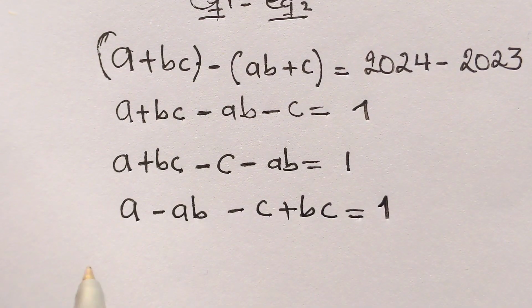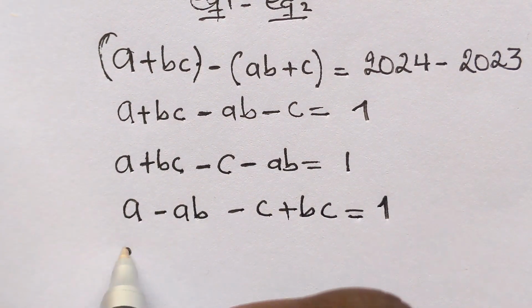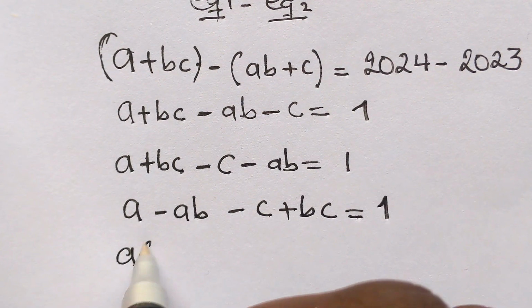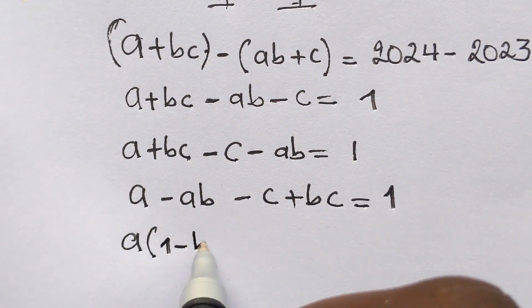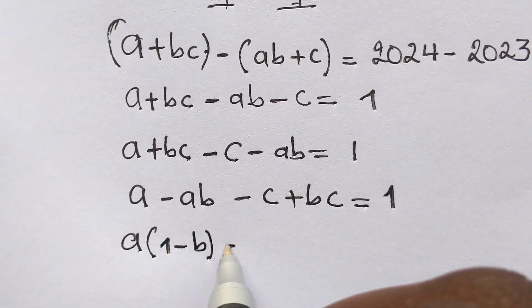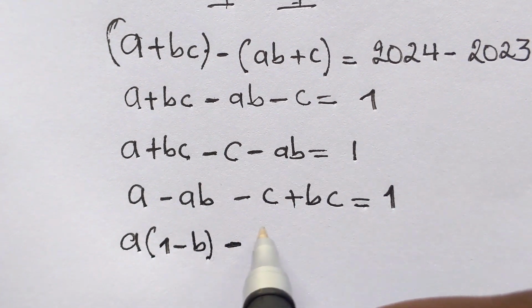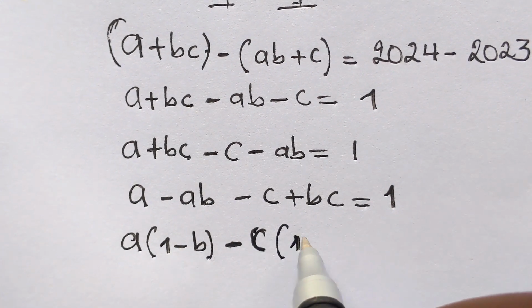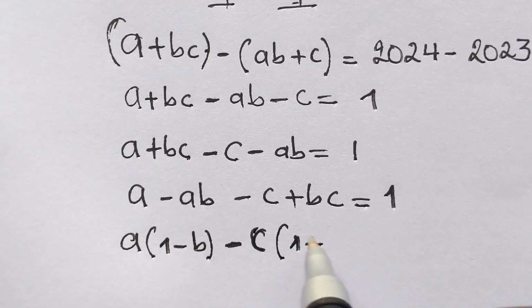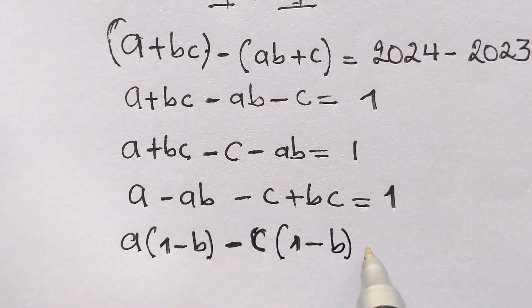By factorization, a is common, so we have a times (1 minus b), then by factorizing negative c, minus c times (1 minus b), which is equal to 1.